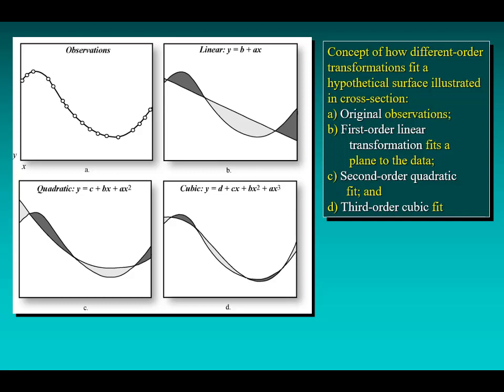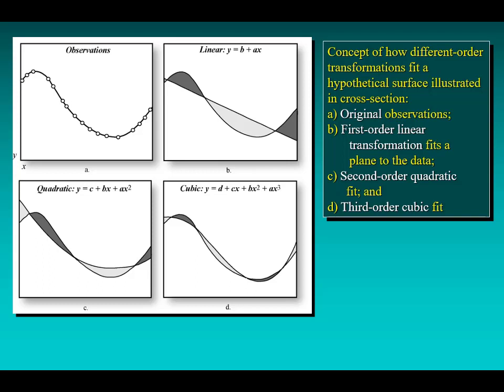Okay, so we directly observe these data points, and in the upper right-hand figure is a first-order linear transformation that fits a plane to the data. All right, so this is what we would refer to as a first-order or an affine transformation, first-order polynomial.